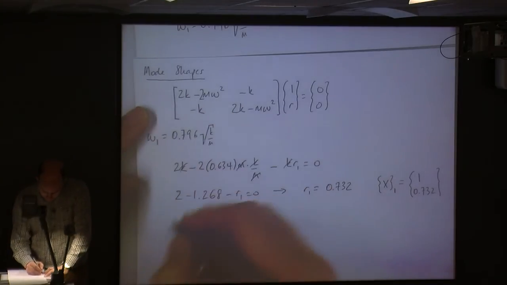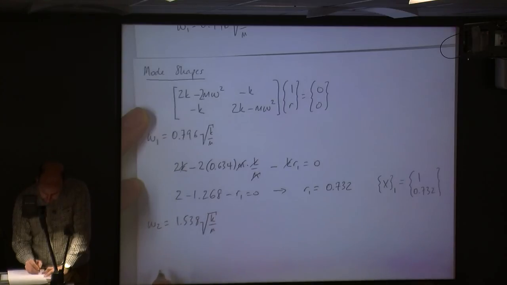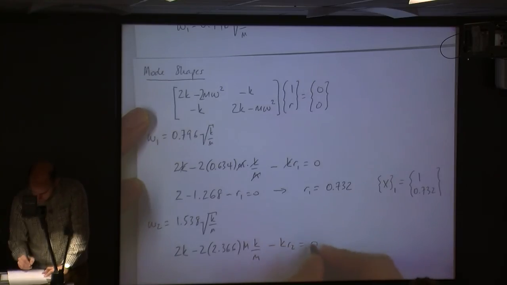Go through the process for omega 2. We've got 2k minus 2 times by 2.366 m, k upon m, minus k r2 equals 0.